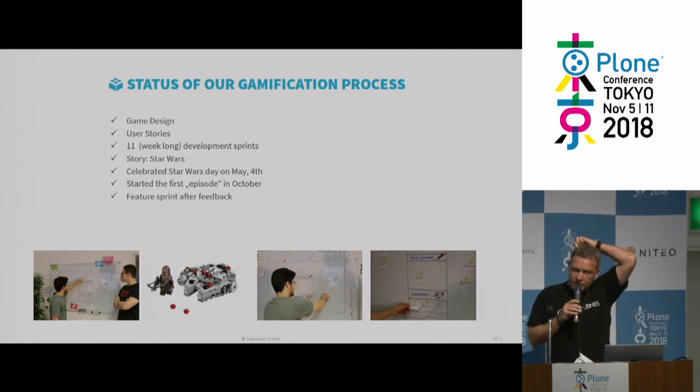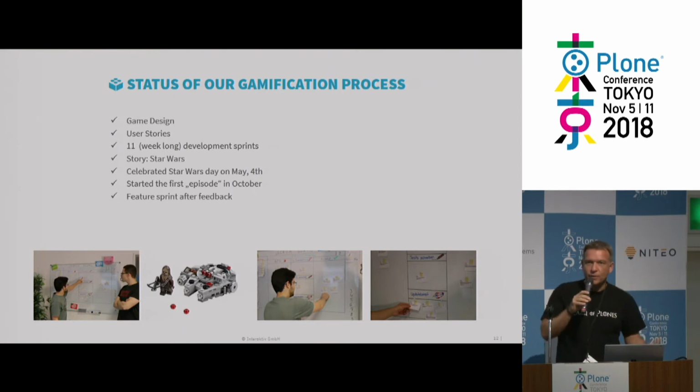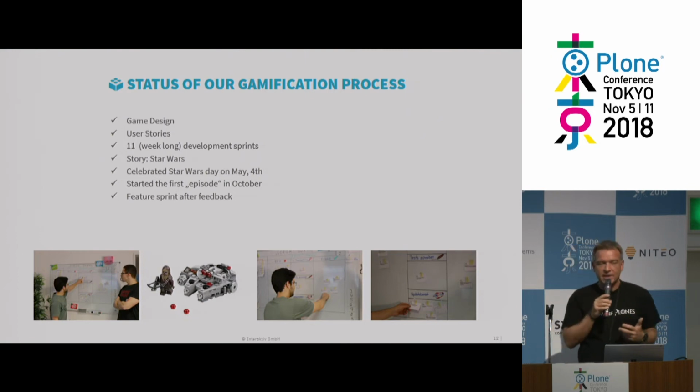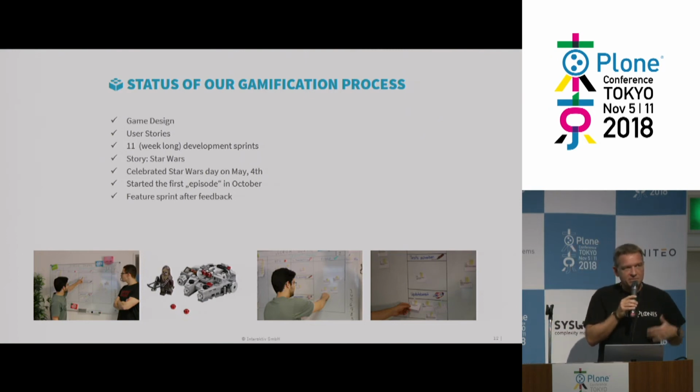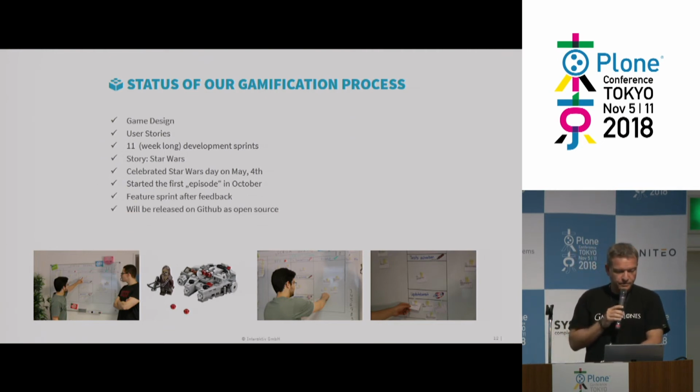Then after our first episode, we had a feature sprint because we got the first feedback from the players. They found bugs, of course. They had new ideas, what we could do, and they found usability issues in the program. So we addressed all that, and so all the players saw, okay, it's getting better, and we want to do that further on too, so that with every episode we enhance our gamification platform.